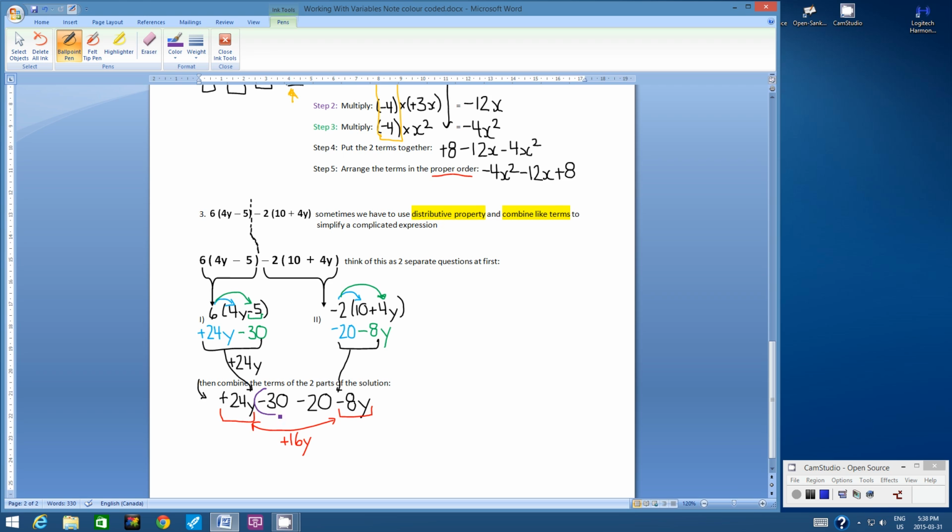We have negative 30 subtract 20. What is negative 30 subtract 20? Well, that is negative 50. So our last step is we combine these terms together. We always put the variable first. So the variable is 16y. Don't write positive here because that's where we drop it. And then we have minus 50.